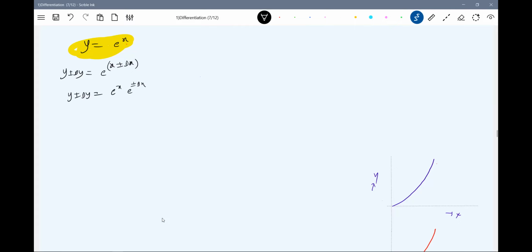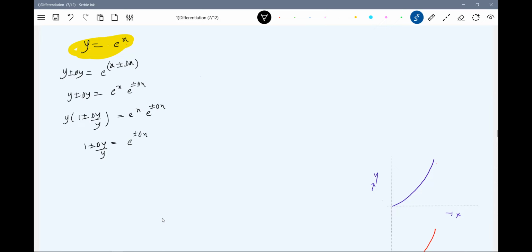So let me take the y common. 1 plus delta y is equal to e to power of x, e to power of plus or minus delta x. This y and e to power of x will cancel out. I'll end up with 1 plus or minus delta y, e to power of plus or minus delta x.